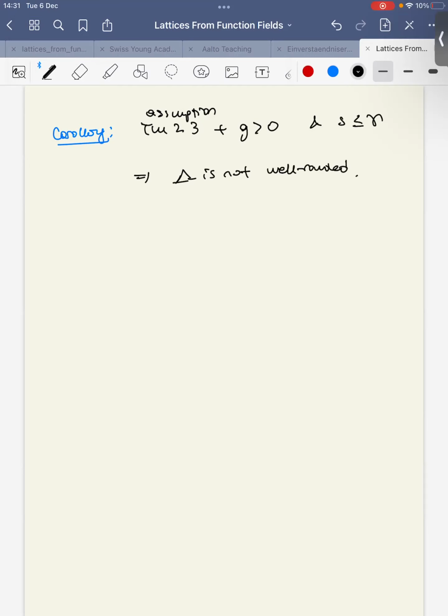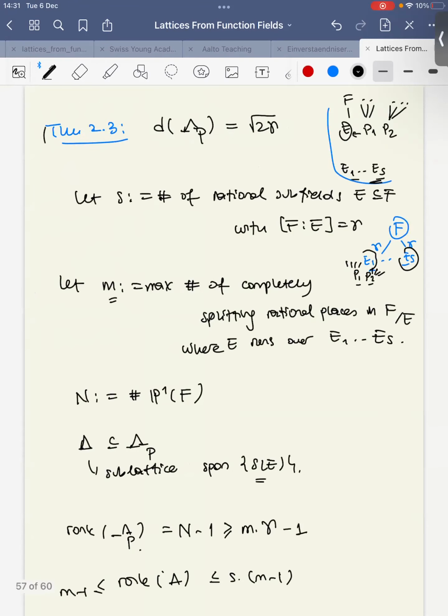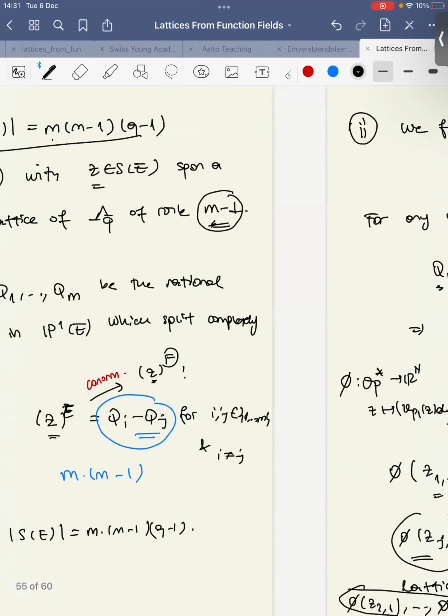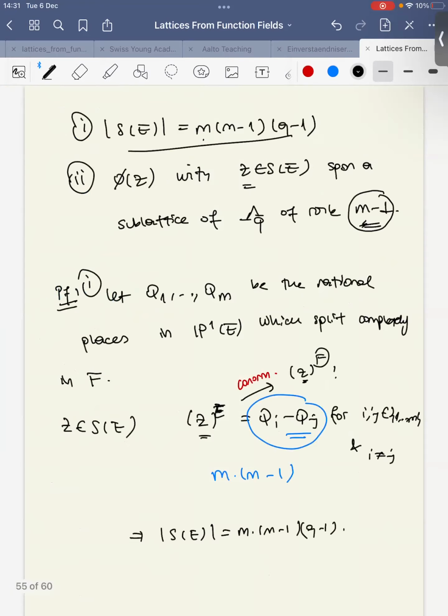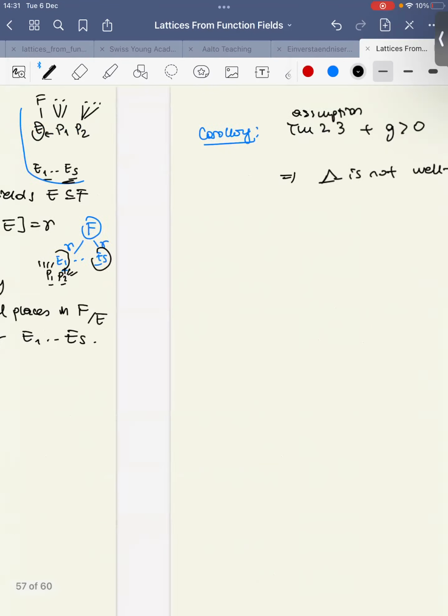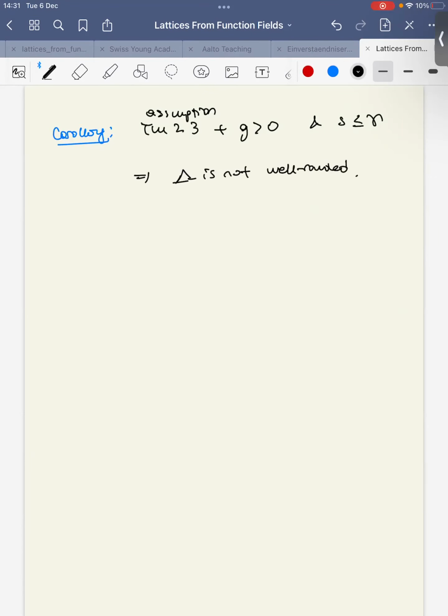By the way, let me mention that this theorem is an immediate consequence of Proposition 2.2 and this observation. So please think about it.